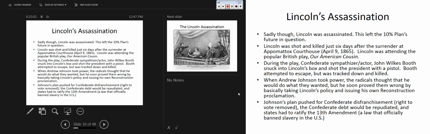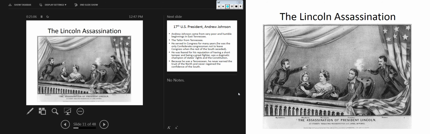If you ever go to Ford's Theater, and I recommend all of you go and visit, the National Park Service owns it now. You should really think about checking out a play at Ford's Theater. It's really cool. It's not super expensive. And they have little maps that you can pick up there. One of the maps shows the route that he took, because he's trying to get as far south as he can get.